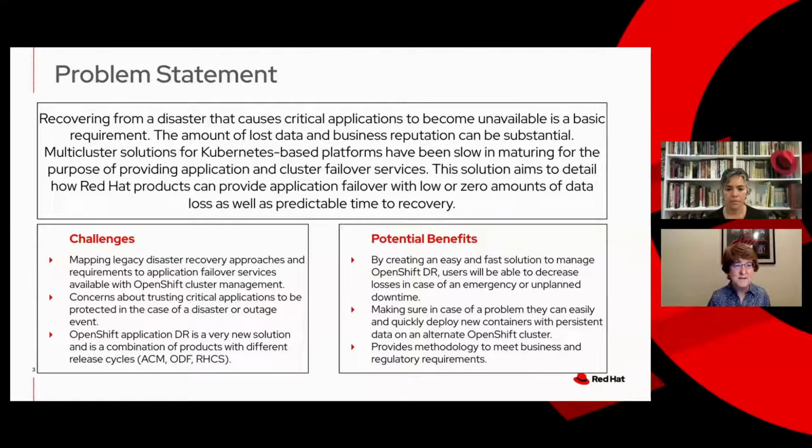As we'll see, there's some measurements of how well we do that. And we can make sure that in the case of a problem, we do have an alternative. And it creates a methodology. If we have regulatory requirements, we can provide the methodology for that so that we meet that requirement.